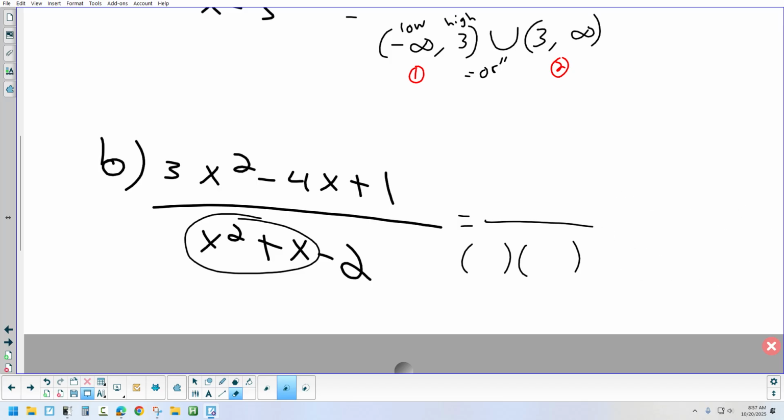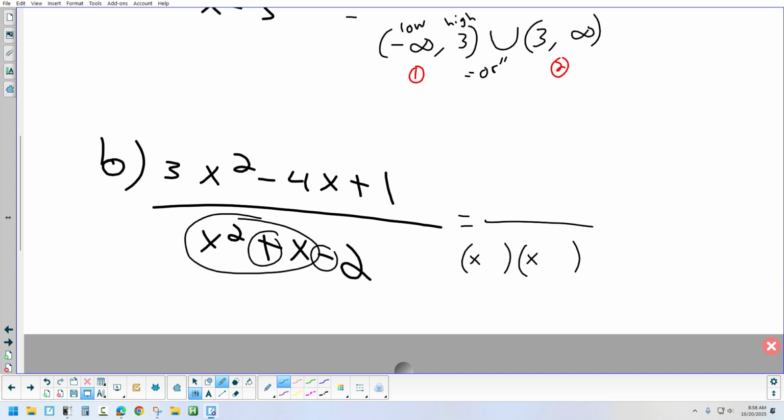Okay, when we factor it, what's going to be the first term in each set of parentheses? Yep, so we're going to need an x and an x. Now I have a positive in the middle, and I have a negative for my constant. So what's going to be my signs inside the parentheses?